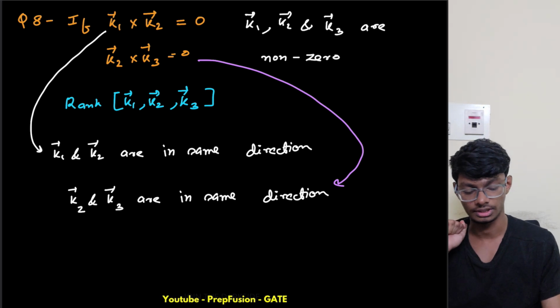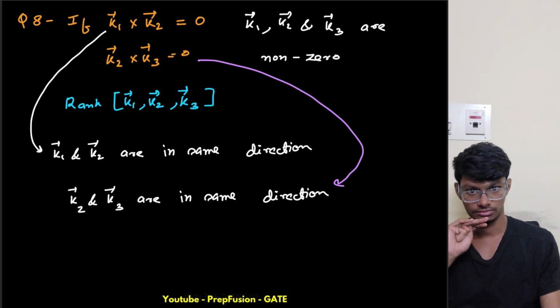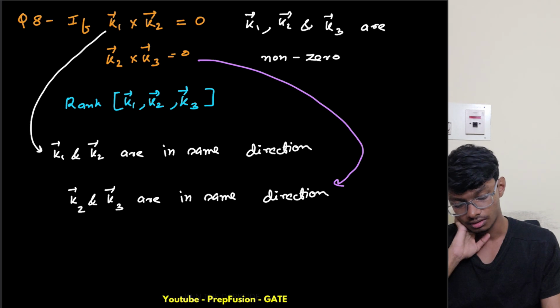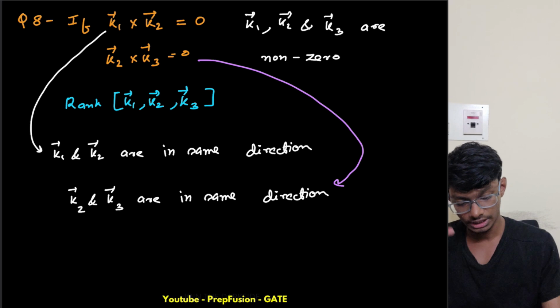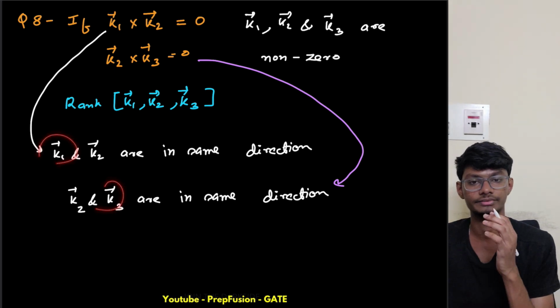If these two are in the same direction, what does that mean? That means k1 and k3 are also in the same direction.